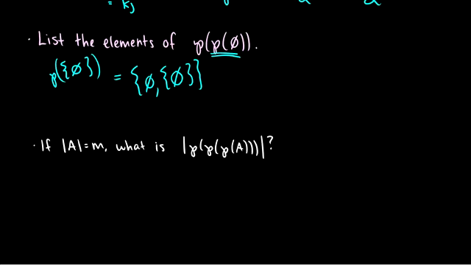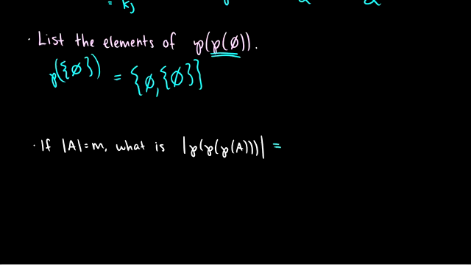So if the size of A is equal to M, what is the size of the power set of the power set of the power set of A? Well, we can take this step by step. So the size of the power set, in fact, I'm not going to write this out again.